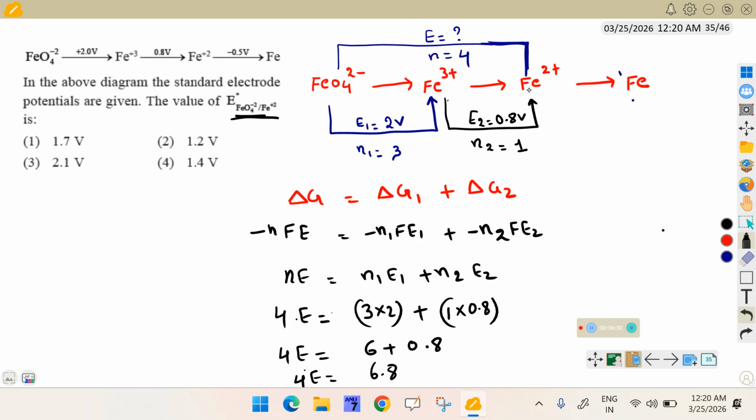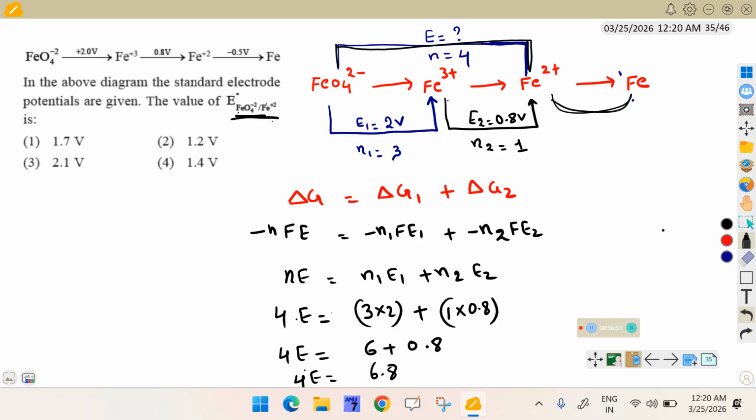Fe3 plus converted to Fe2 plus. EMF value 0.8 volts. Fe2 plus is converted to Fe. The EMF value is minus 0.5. Here no need to consider this step. Why? Here FeO4 2 minus is converted to Fe2 plus. Then calculate EMF for this reaction.